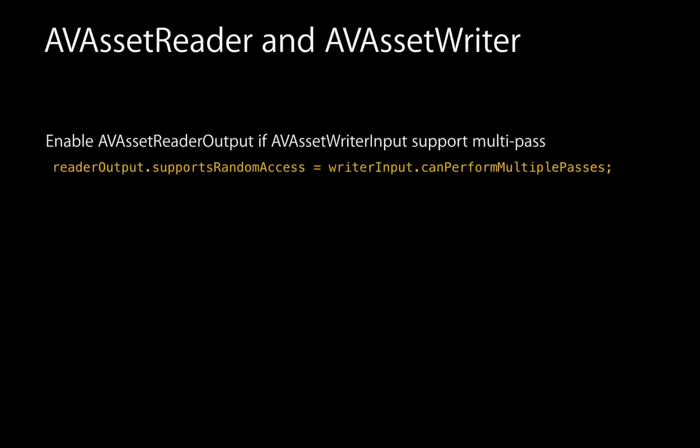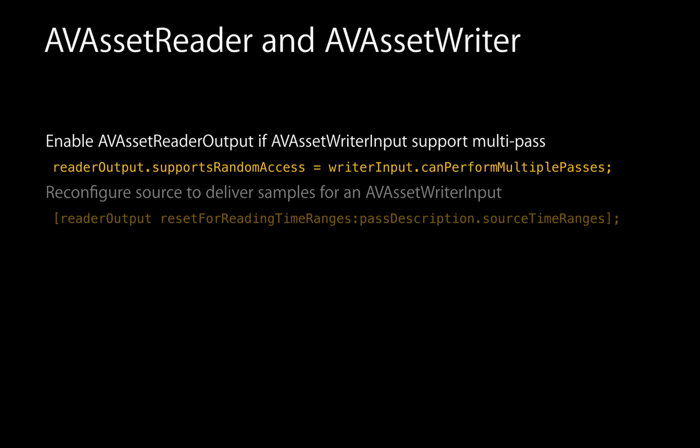All right, now there's a couple shortcuts you can use if you're using AV Asset Reader and AV Asset Writer in combination together. So you can enable an AV Asset Reader output if the AV Asset Writer input supports multipass. So if the encoder supports multipass, we need to support random access on the source. Then you can reconfigure your source to deliver samples for the AV asset writer input.